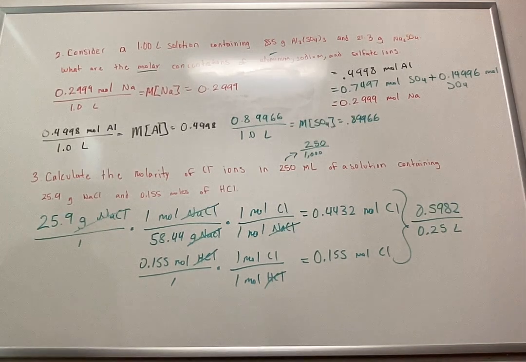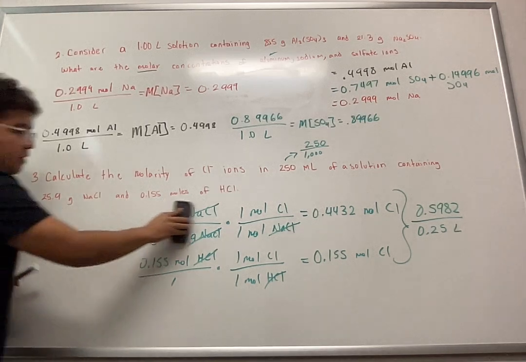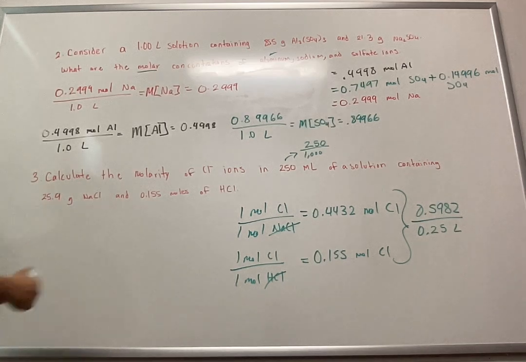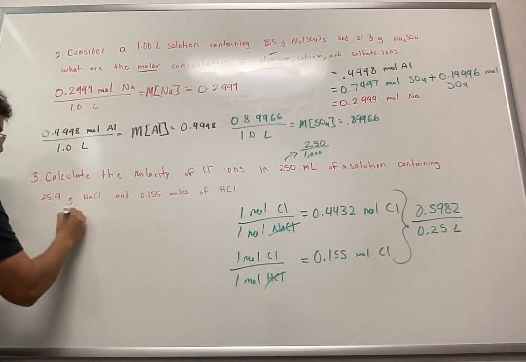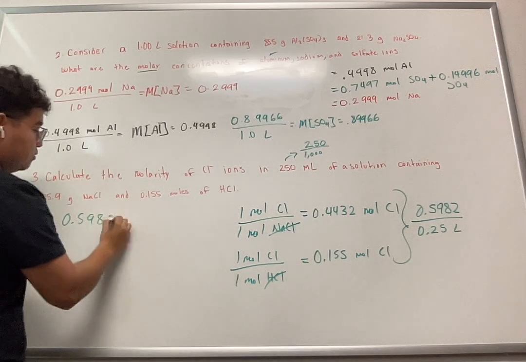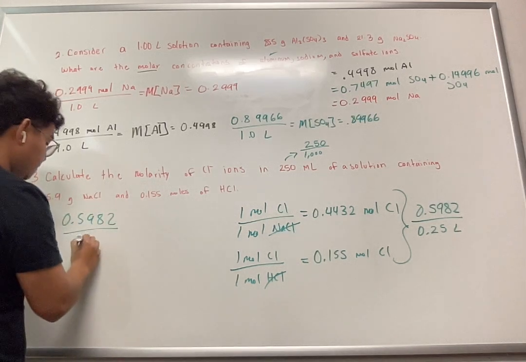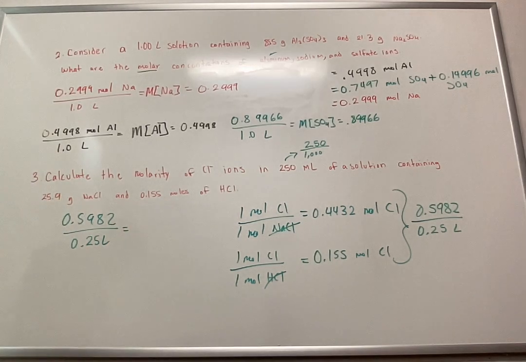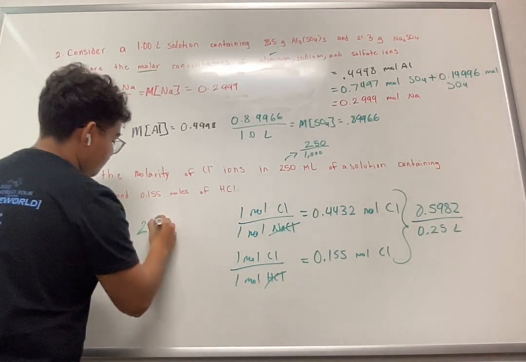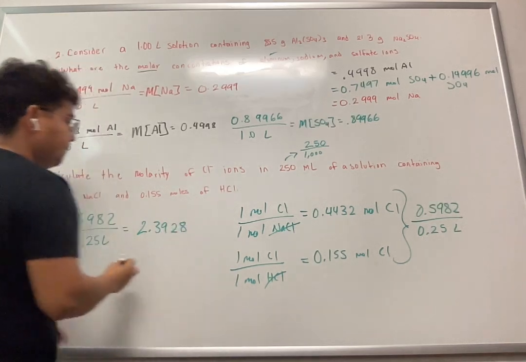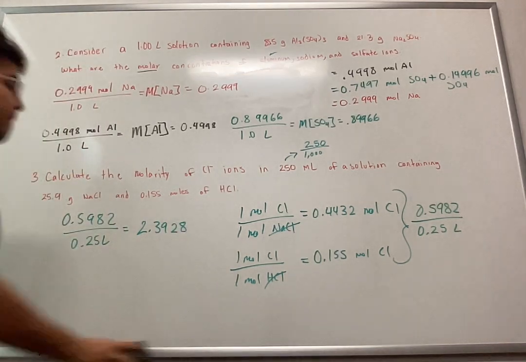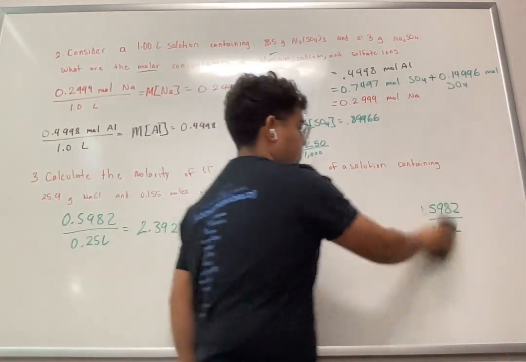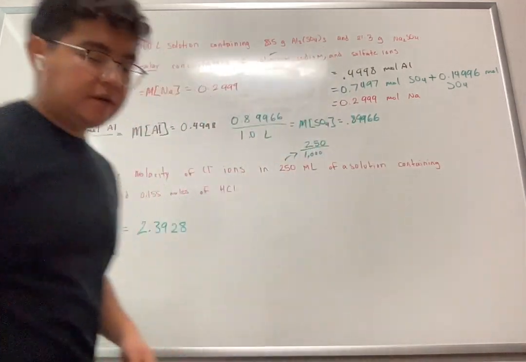Hopefully you guys already got all that. I'm gonna just write down what I have over here, so that I know you guys can see it. 0.5982 over 0.25 liters. That's the same as 2.3928 M Cl.